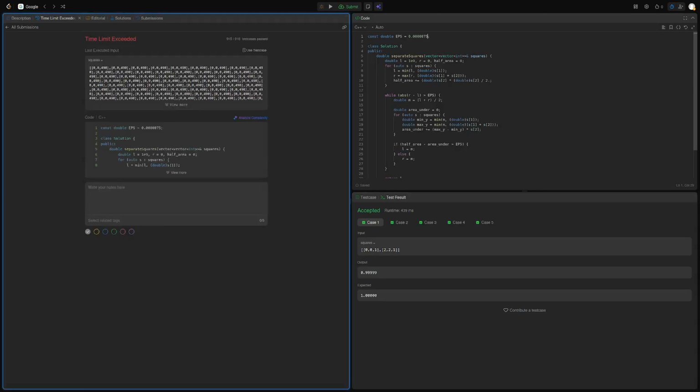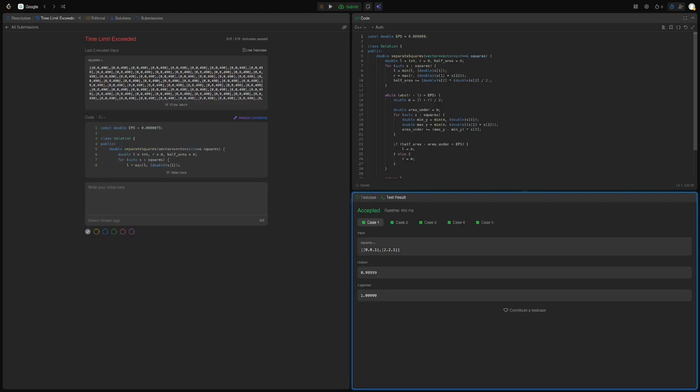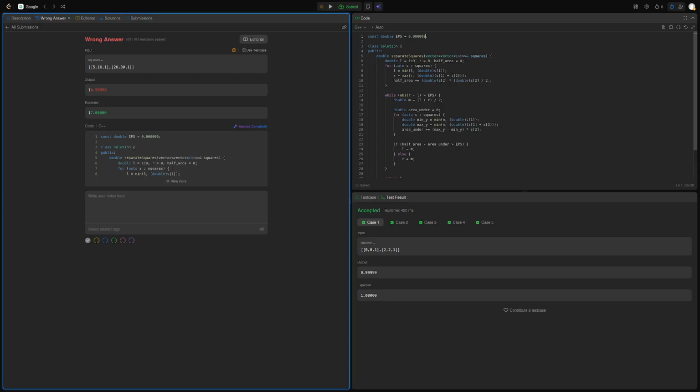Like, I hate Leetcode for this. Why can you not get a time for a single test case, dude? It's ridiculous. Okay, it's off, so I don't know.